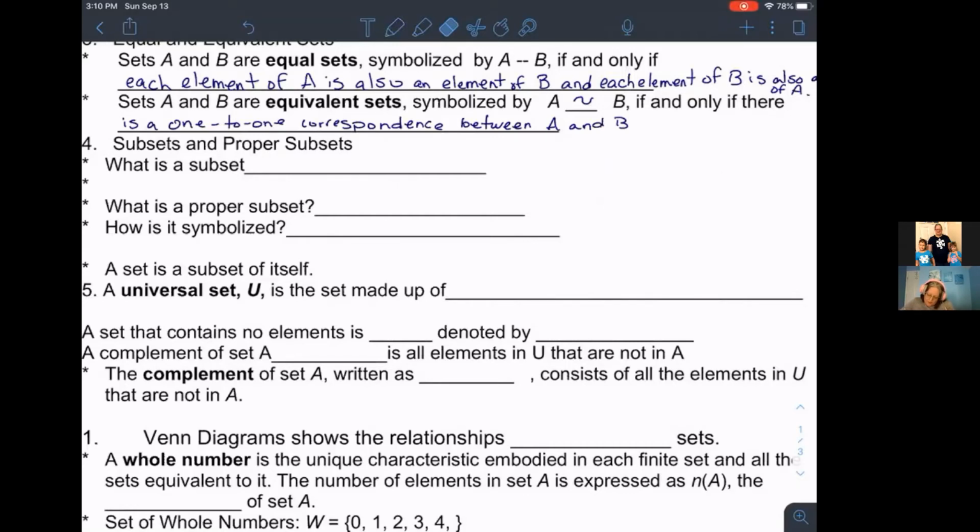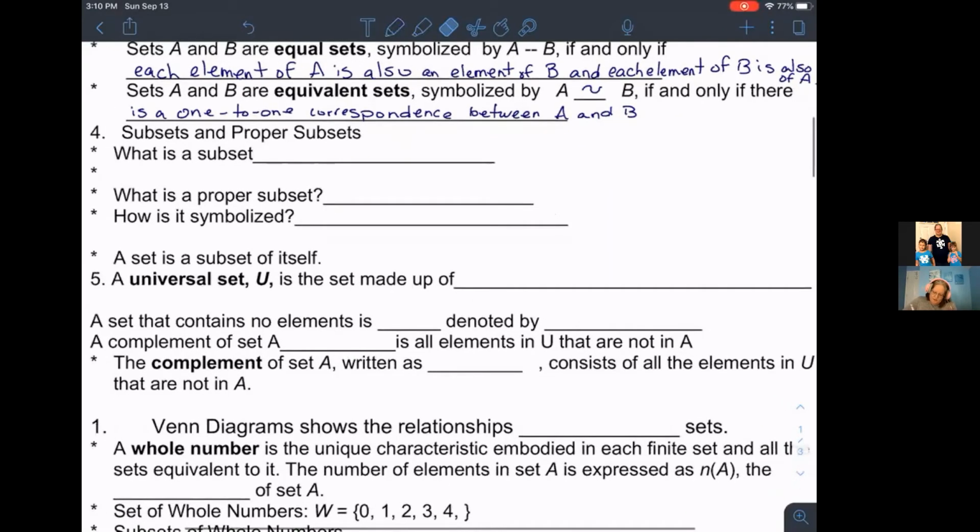So, okay, number 4, subsets and proper subset. What is a subset?